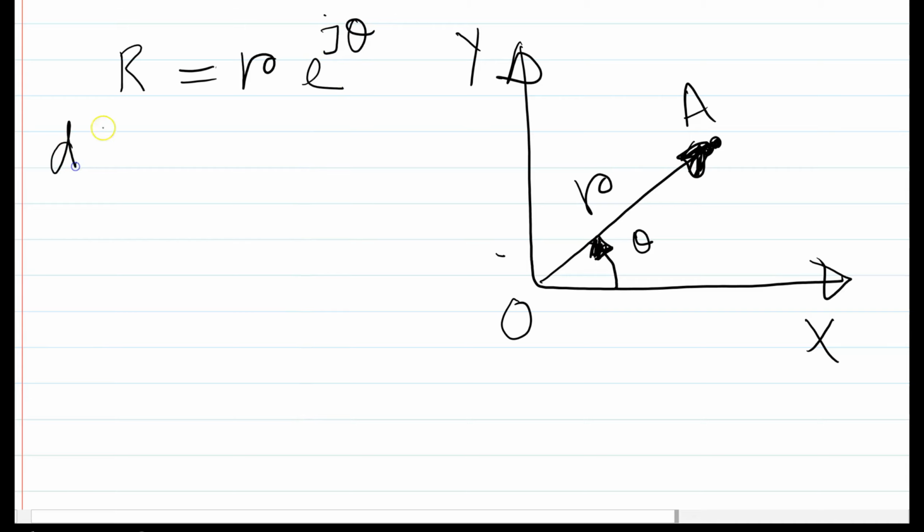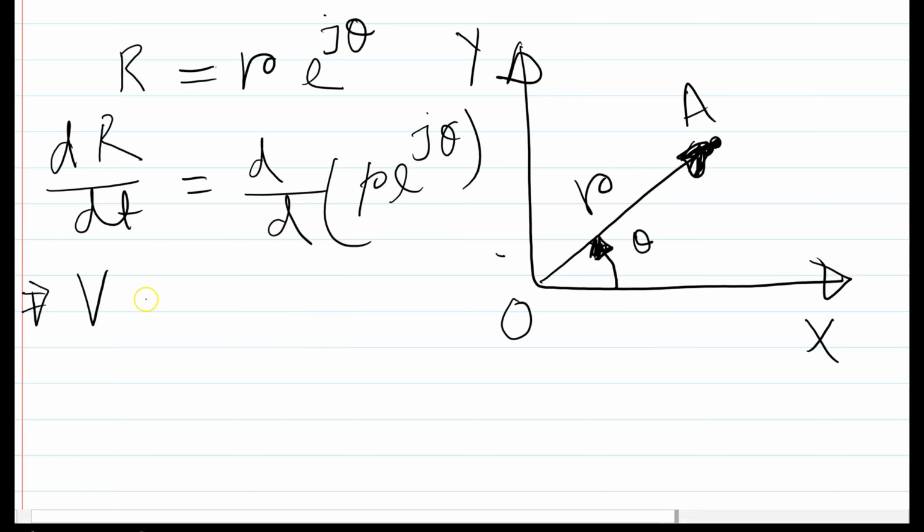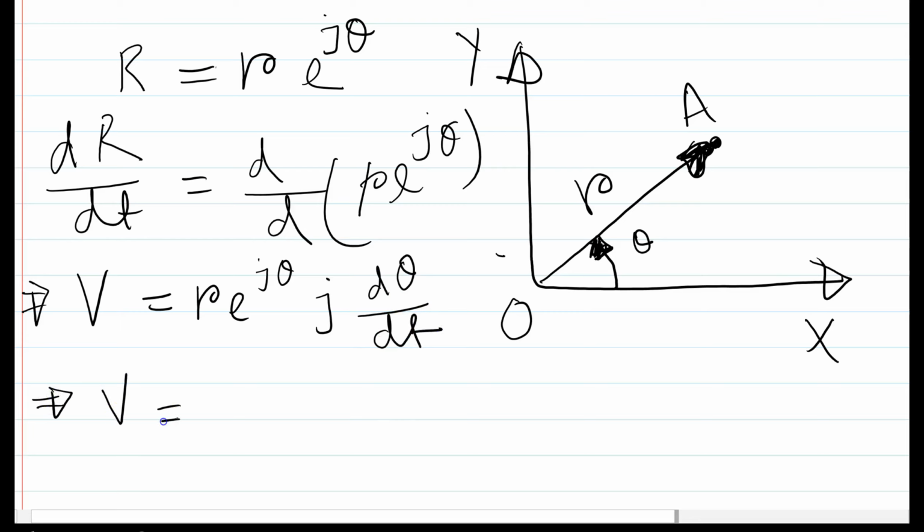If we differentiate this with respect to time, we get the linear velocity, and by differentiating this part, we get r e^(j theta) times j d theta by dt. So the final polar form equation would be r omega j e^(j theta). So that is our polar form.